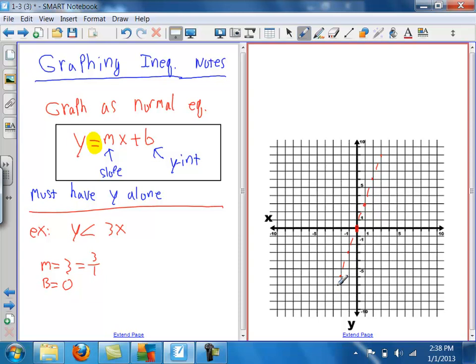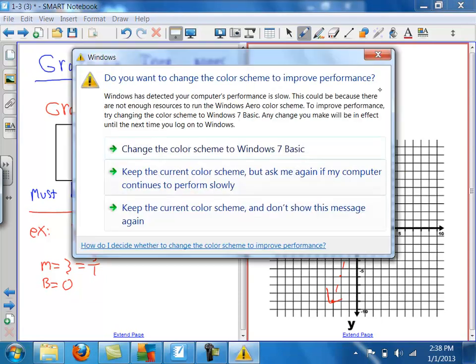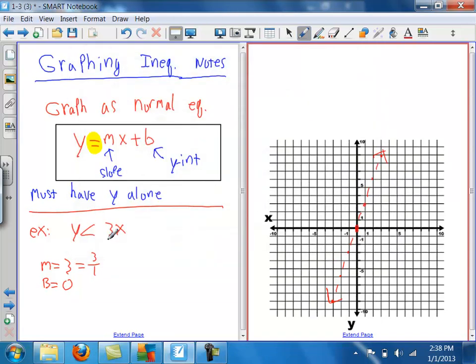It's going to intersect here and here. There's our dashed line, and we know that because there's no line underneath it. No line means it's not a real line, it's dashed, because we're not including everything on it, just everything above or below. Now, pointing towards the y, looking at your rules, we need to shade below. So we shade below, which is all this stuff here.